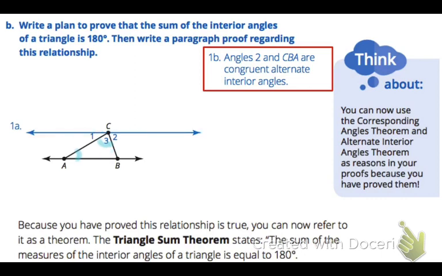So you're trying to prove that these angles here are congruent to every single angle in this triangle, to then prove that if this line equals 180 degrees and these angles are congruent to the angles inside this triangle, then the angles of the triangle have to equal 180 degrees as well. But you can't get there unless you're proving each angle is congruent to each. So keep going with your proof. I've already started you on this one, and just so you know, you should have 3 more sentences or statements before you can close this proof completely.